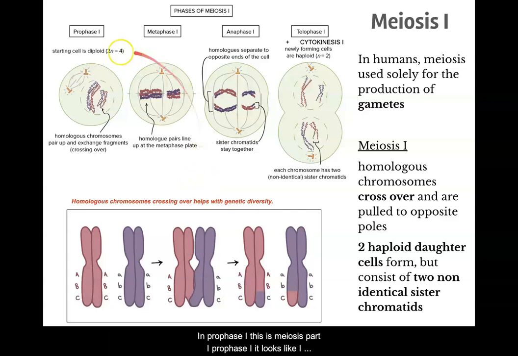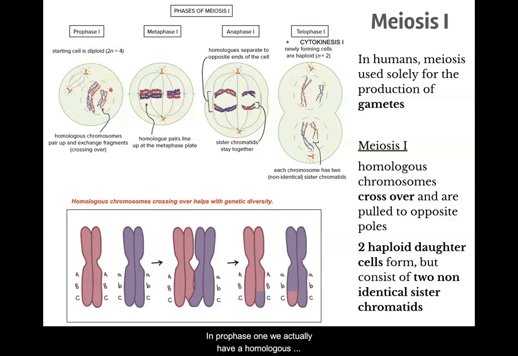So in prophase I, this is meiosis part 1, prophase I, it looks like I have a diploid cell starting out with, and that diploid cell duplicated its genetic material, so I have sister chromatids. I can actually appreciate those chromosomes here. There's a pair of homologous chromosomes showing sister chromatids. There's a pair of homologous chromosomes showing its sister chromatids.